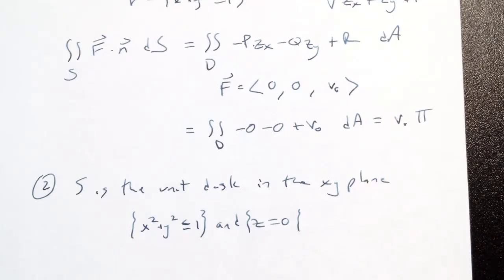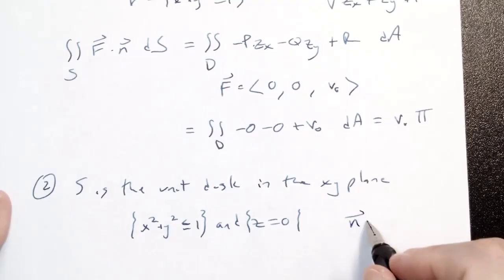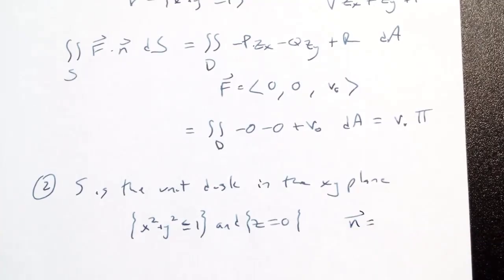If that's my surface, where's the normal vector pointing? Straight up. Which means a unit normal vector is what vector? Because we're going straight up.